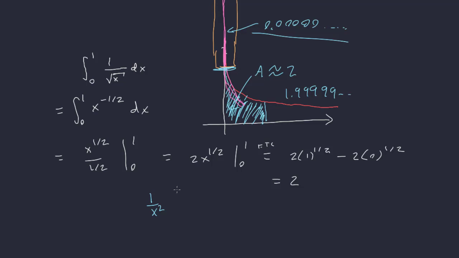It doesn't get close enough to the y-axis fast enough. I mean, it still does, but it doesn't do it fast enough in order to get a finite area out. Okay, so actually, I've prepared some graphs with some actual software so you can better see what's going on here. Let me pull those up.